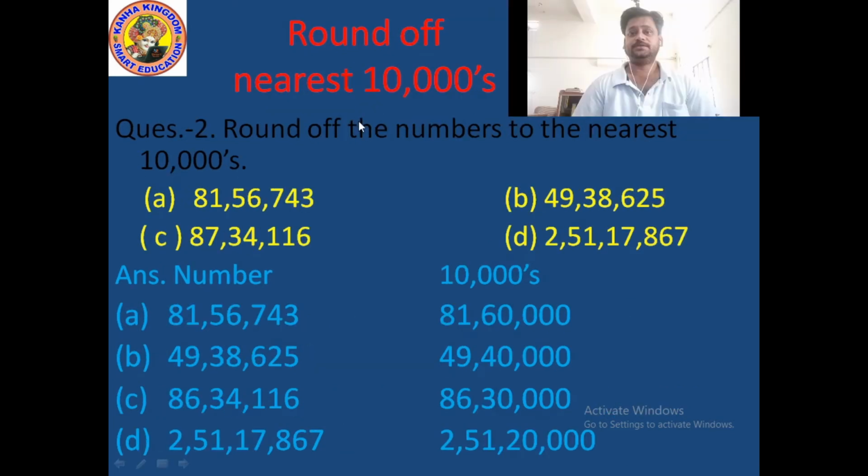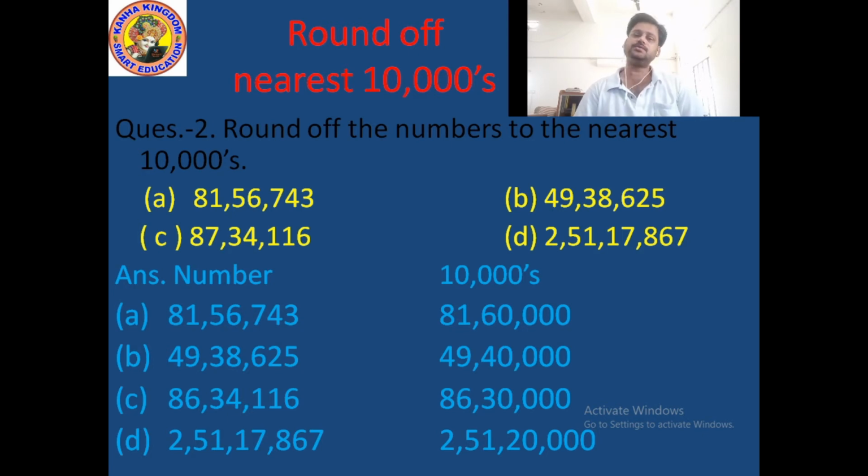Now students, this is the second part or second question. This is rounding off to the nearest 10,000, which means you have to convert the number to the nearest 10,000.